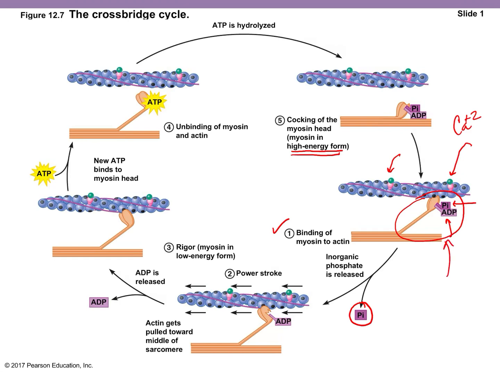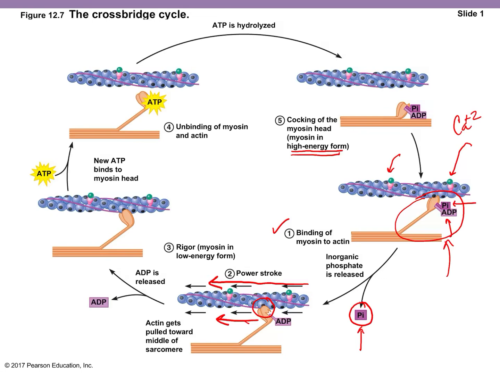So you have this myosin head in a high energy position, and when you release that phosphate group, it releases that high energy position and is allowed to move into a different conformation, a lower energy form. The myosin head is attached to actin, and it pushes the actin as it changes conformation, towards that midline.